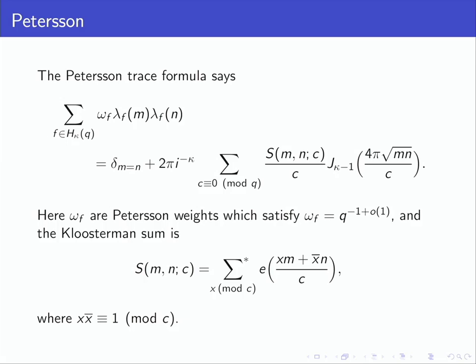And so the Petersson formula tells us that this is equal to some delta symbol, m equals n, with what you might think of as an error term, but it's really everything. The sum is the sum of Kloosterman sums weighted with a J Bessel function. This is the usual Kloosterman sum that we've seen in some of the other talks.